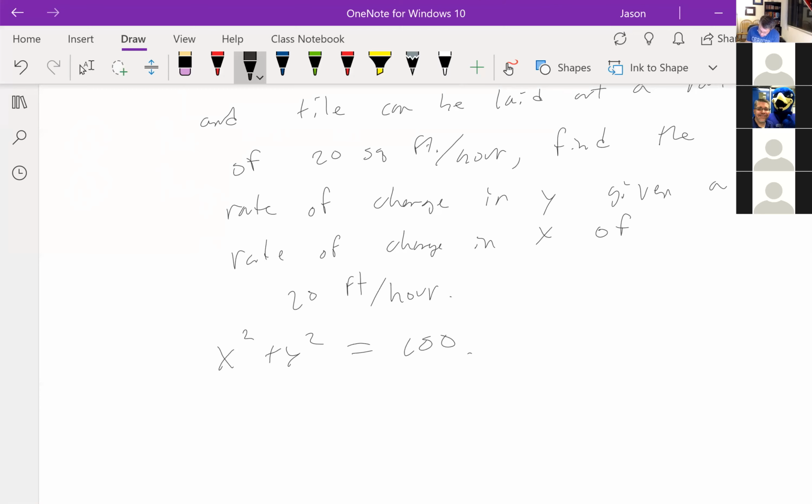So this is going to be 2x dx/dt, implicitly differentiate that on t, plus 2y dy/dt is equal to 0. Nice.